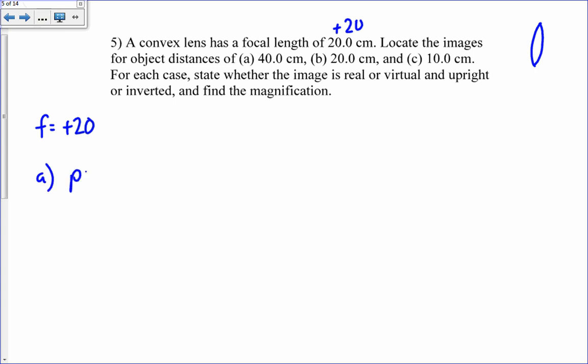So for P equal 40, this is very similar to what we've done before. I'm just going to find Q. It's 1 over F minus 1 over P, to the negative 1. So Q then is equal to 1 over 20 minus 1 over 40.